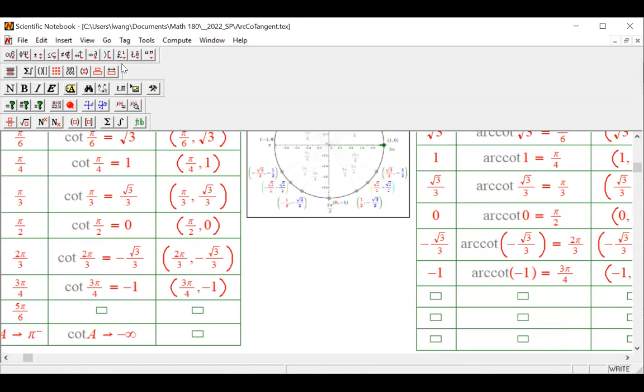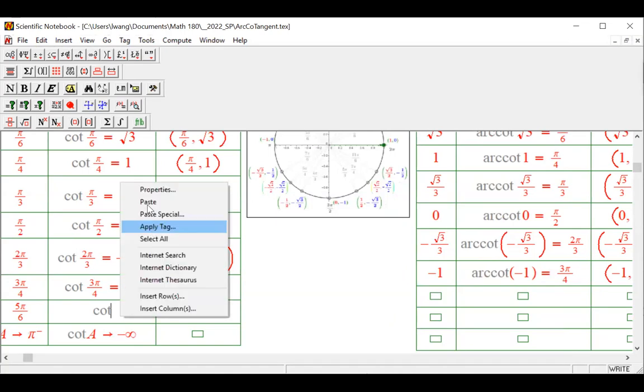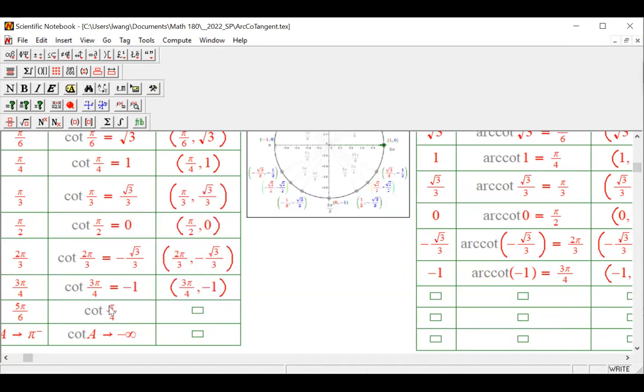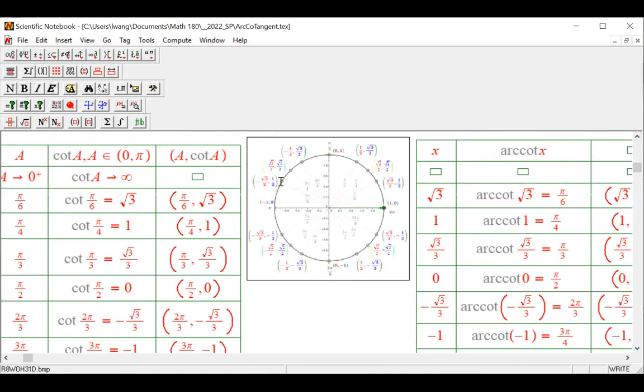5 pi over 6. Cotangent 5 pi over 6 equals, it's right here. This is the terminal. Remember, we measure from the standard position.